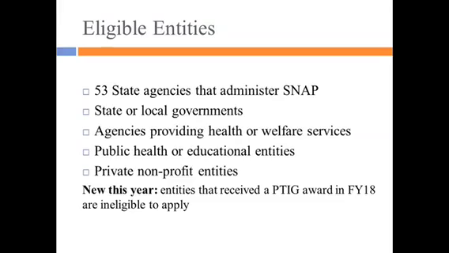The entities that are eligible for the PTIG funding are state agencies that administer SNAP, that's the 53 state agencies, so 50 states, along with DC, Guam, and the Virgin Islands, state or local governments, agencies that provide health or welfare services, public health or educational entities, and private nonprofit entities, which includes community-based or faith-based organizations, food banks, or other emergency feeding organizations. As you can see, there's a broad swath of entities which may apply for a PTIG.